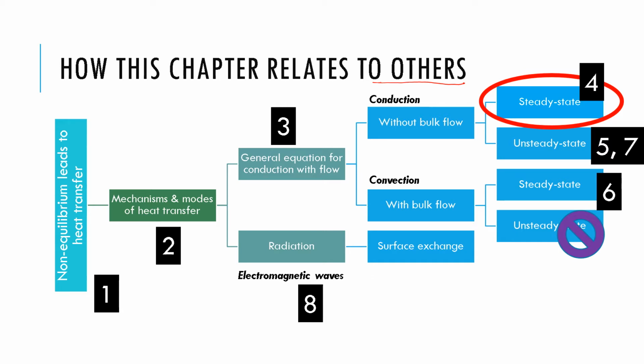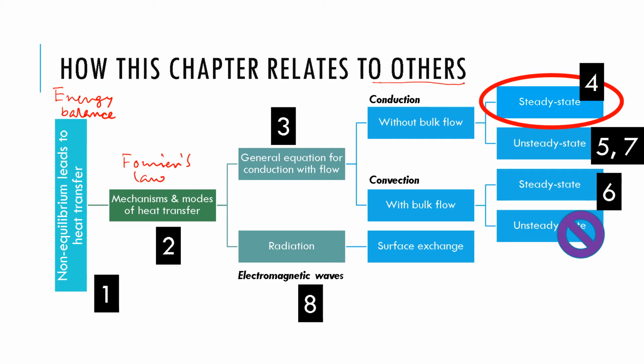In the Heat and Mass Transfer: A Biological Context book, these are the chapters. The first one we talked about is basically energy balance, and then the second one is things like Fourier's law and other laws for various modes of heat transfer.